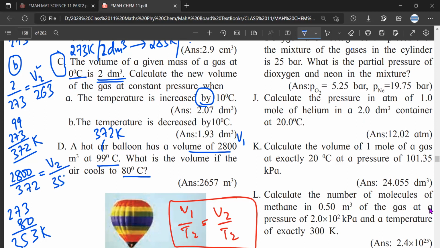T2 is 353. And again, my answer would come in meter cube. Ms. Avantika, did you get the right answer? Yeah. Shivang, तेरा?